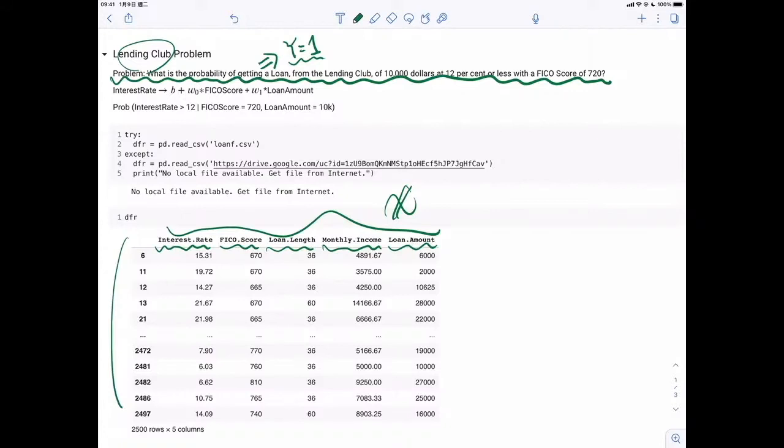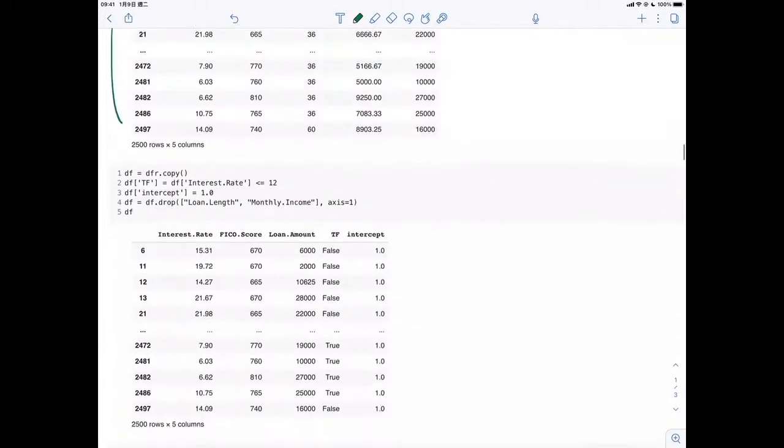So you have the data. I will clean your data. For example, a loan of $10,000 at 12% or less with a FICO score of 720. Basically the problem is like this: I want to know the probability of getting a loan, y equals 1, when the interest rate is less than 12, under the condition that the FICO score equals 720 and the loan amount equals 10K.